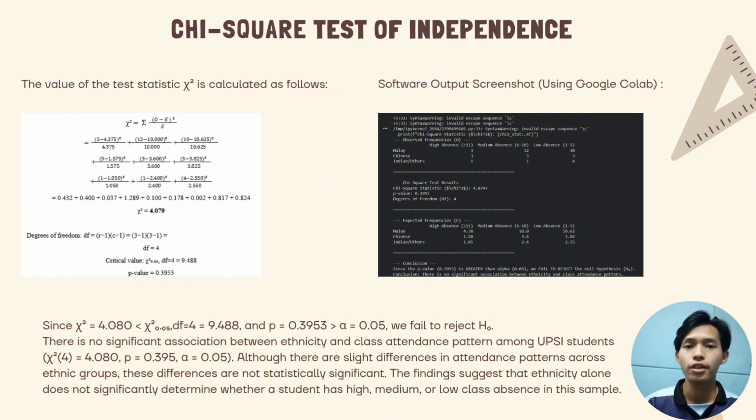Hence, we fail to reject H null. So, we can conclude that there is no significant association between ethnicity and class attendance pattern. Although there is a little difference in the data that we collected, statistically speaking, there is no significant difference that can prove there is an association between ethnic groups and the class attendance pattern.